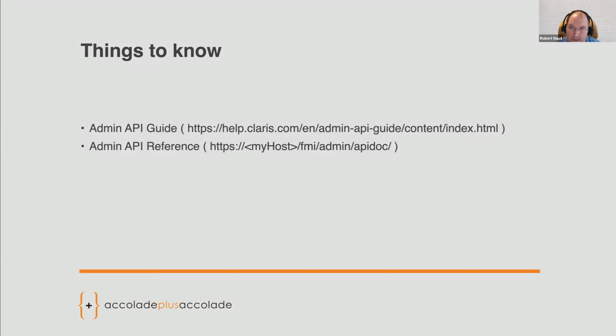So here we have the links to the API guide. The API guide is fairly short, there's not a ton of information in there. There are also some nuances in what you can do with the FileMaker cloud offered by Claris.